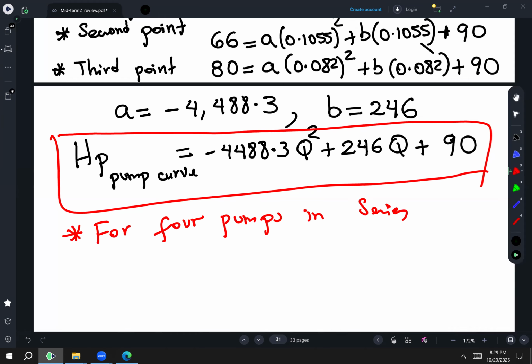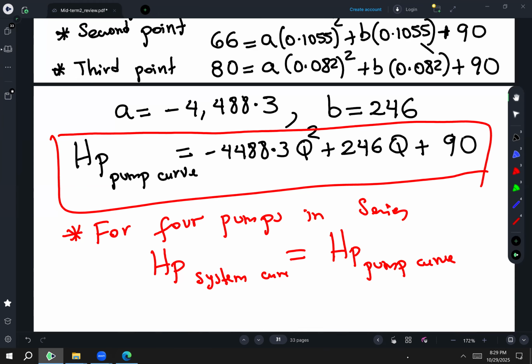We know that the HP of the system curve has to be equal to the HP of the pump curve, and that the intersection will give me the flow and the head.